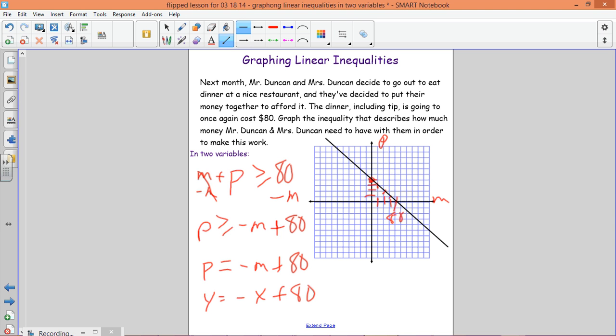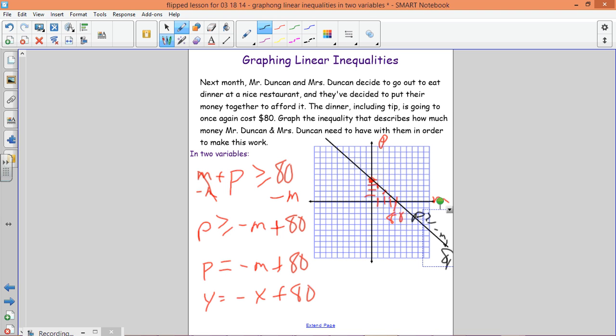In reality, it doesn't make sense for anything to be negative, but remember, I just graphed the line y equals negative x plus 80, or really p equals negative m plus 80. But what I want to graph is p is greater than or equal to negative m plus 80. So there's one more part that we need to add in.